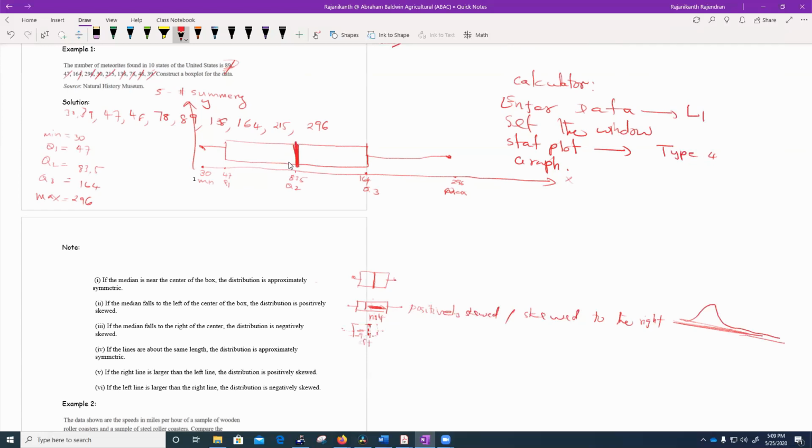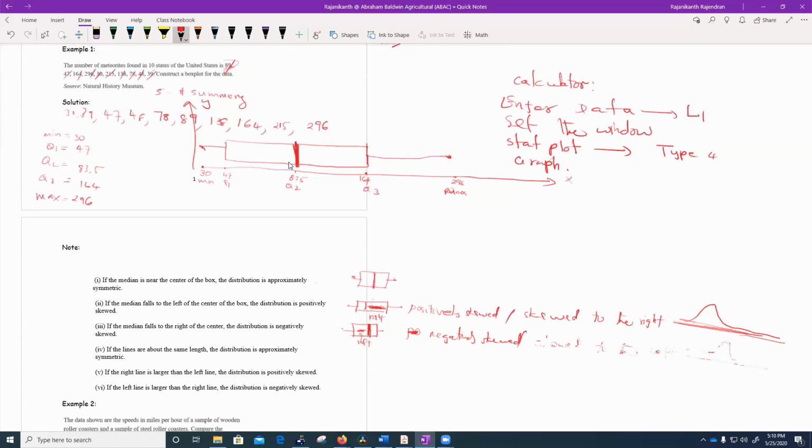Then this kind of distribution is nothing but negatively skewed or skewed to the left. So if you have more space in the left, then it is skewed to the left. If you draw a picture for this, the right side is shorter, but the left side is heavier.